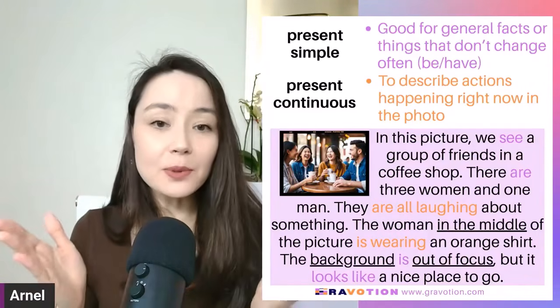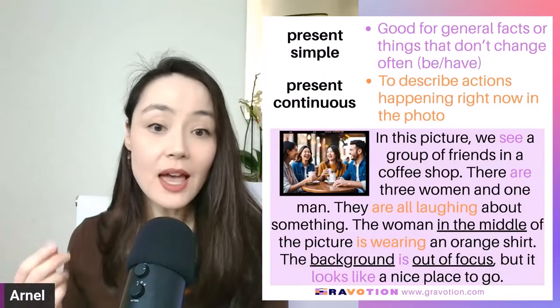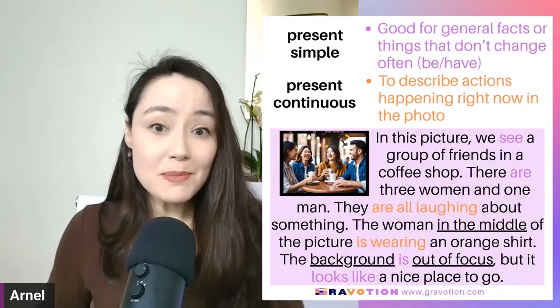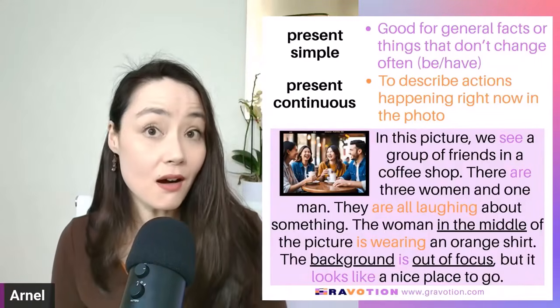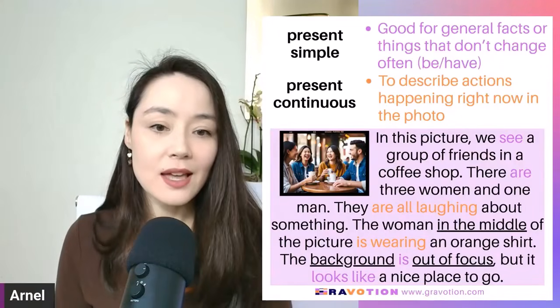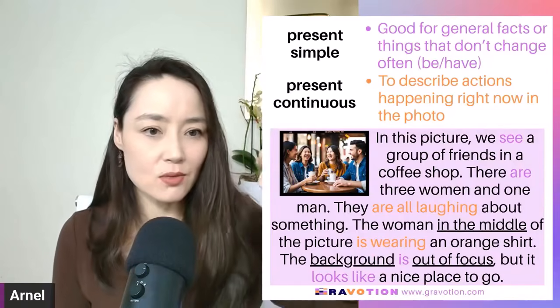Let's read an example together. In this picture, we see a group of friends in a coffee shop. Present simple, because this is just a fact. We see a group of friends. There are 3 women and 1 man. They are all laughing about something. Present continuous, right now.